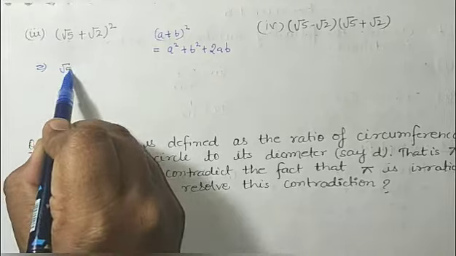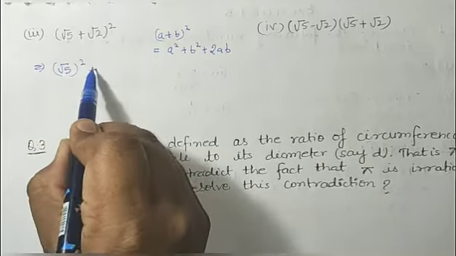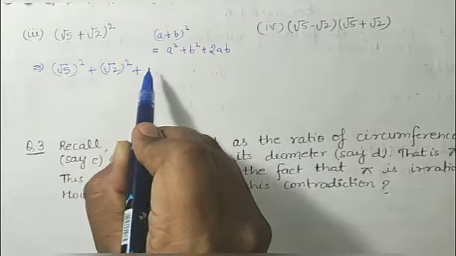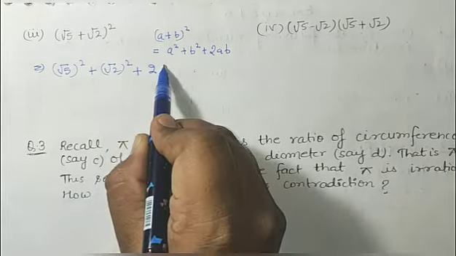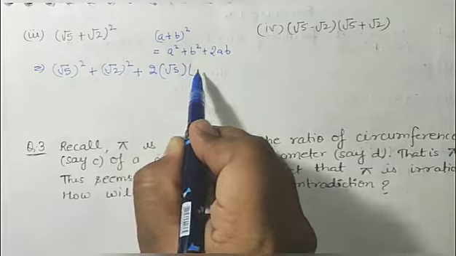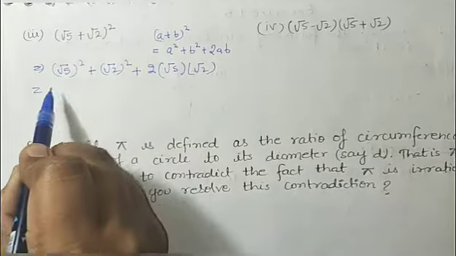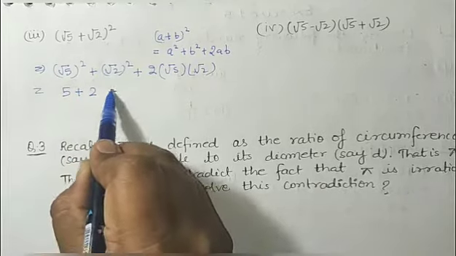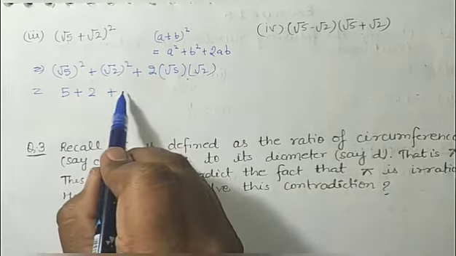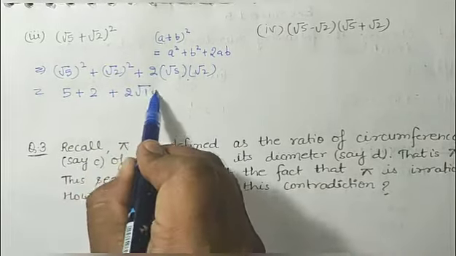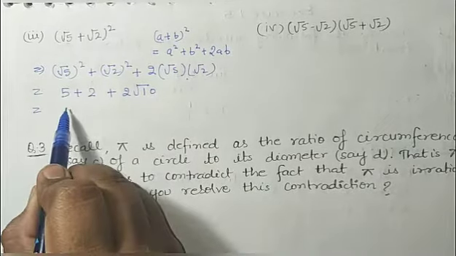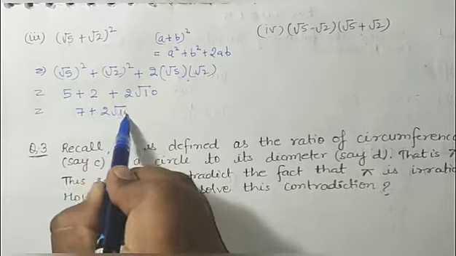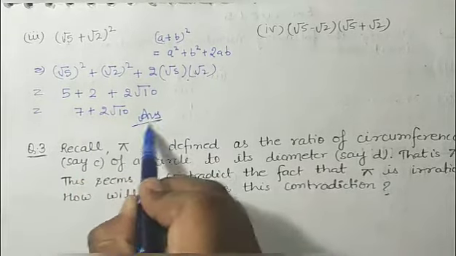So you can write under root 5 whole square plus under root 2 whole square plus 2ab means 2 into under root 5 into under root 2. So root 5 square is 5, root 2 square is 2, plus 2 into under root 5 into under root 2 means 2 under root 10. On simplifying it, you will get 7 plus 2 under root 10. It will be your answer.